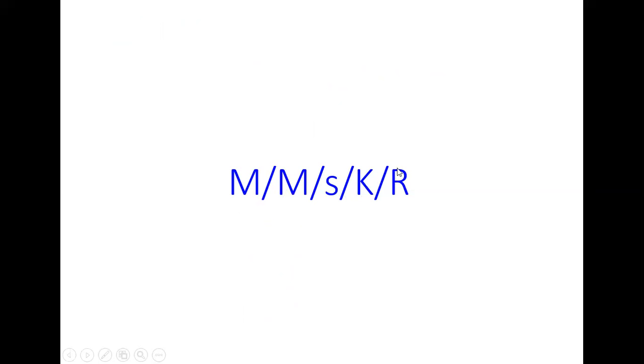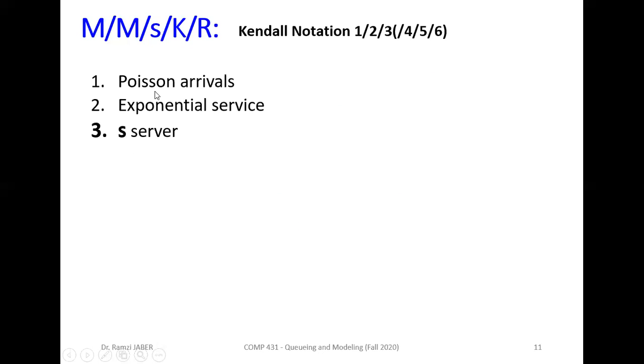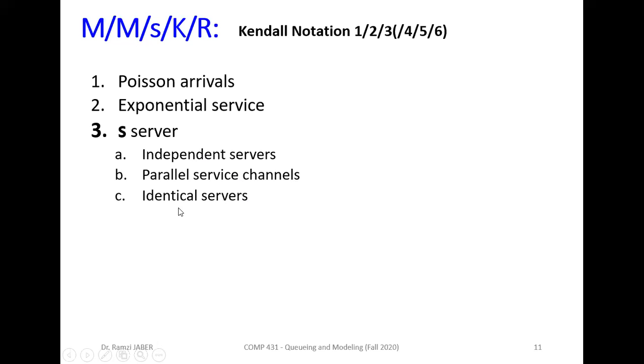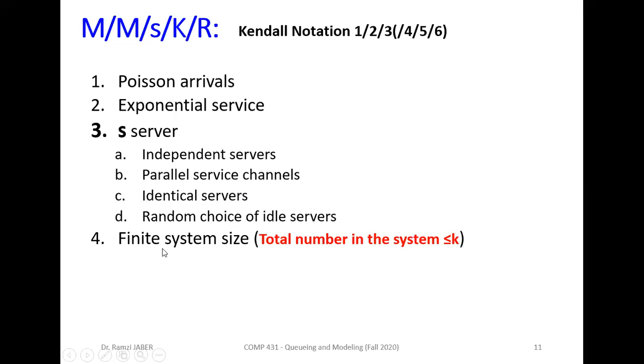Now we have finite population R. As Kendall notation, the same: Poisson arrival, exponential service, s servers, independent servers, parallel service channel, identical servers, random choice of all idle are the same. Even here, finite system size, total n will be maximum k. It's a buffer. So till now it is the same as M/M/s/k/R, like before.